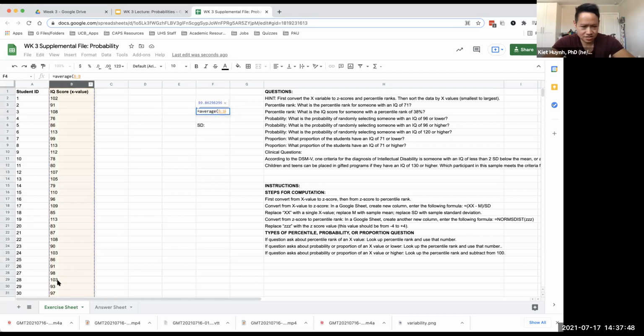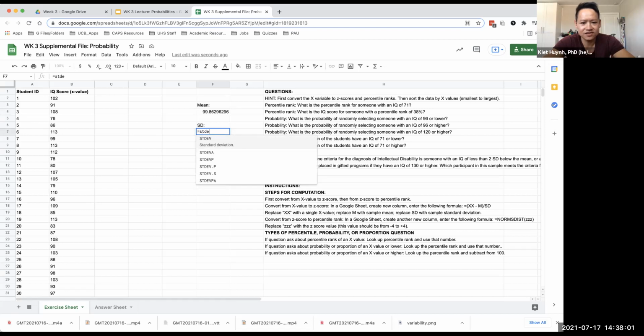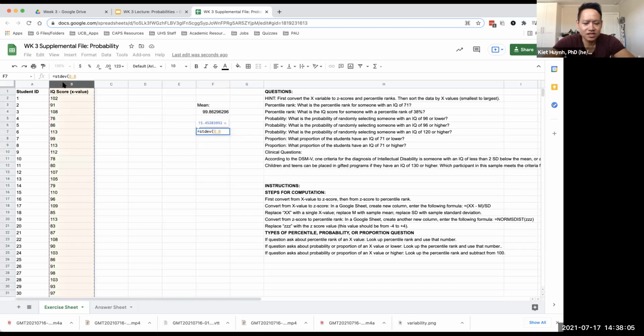Click on the whole column. This selects everything, even the heading, which is okay. And then close parentheses and enter. And that's the mean. For standard deviation, remember the formula is equals STDEV, parenthesis, click on the whole column, close parenthesis and enter.